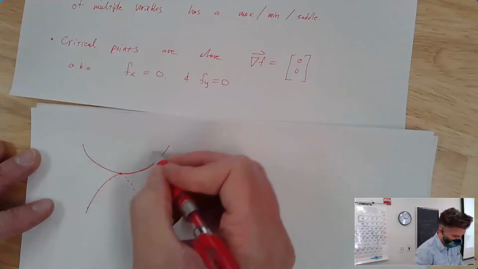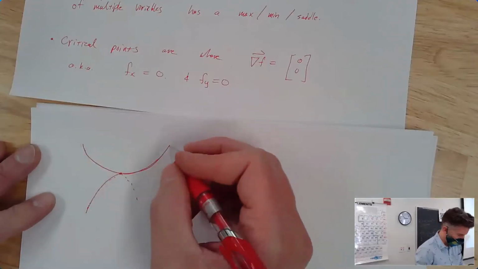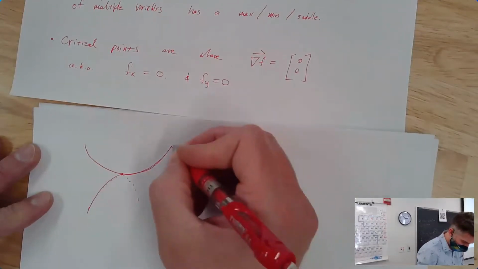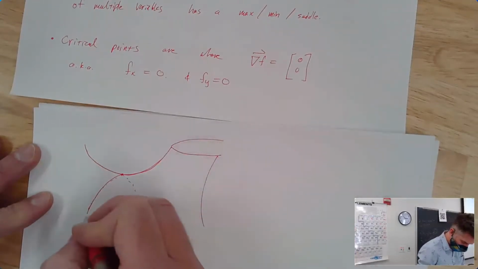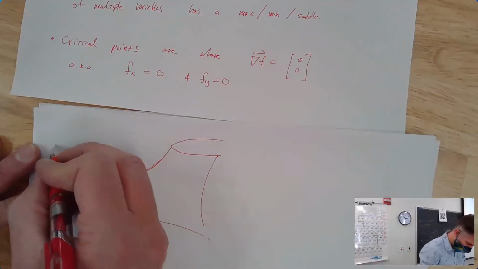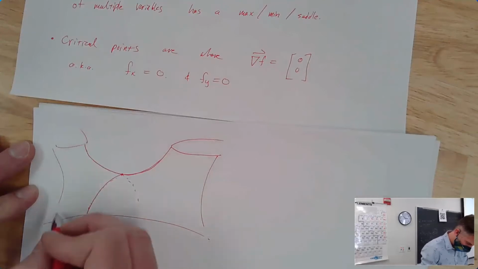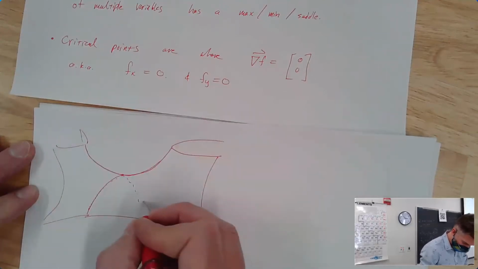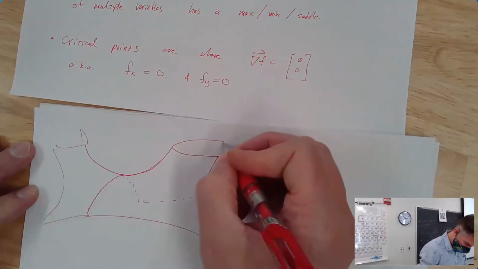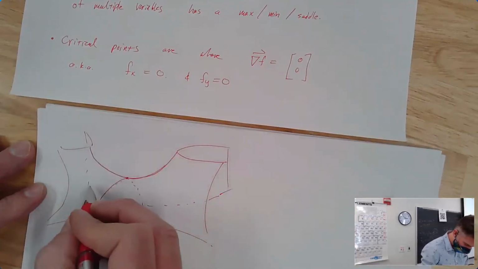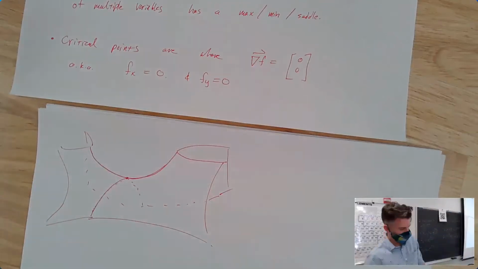It's a relative minimum in that direction. There are a couple of different ways you can draw this. I'm a fan of drawing it like that personally. It's kind of a neat thing. Obviously, I can only draw so much of it because it goes on forever. That's kind of the idea. There's your saddle.